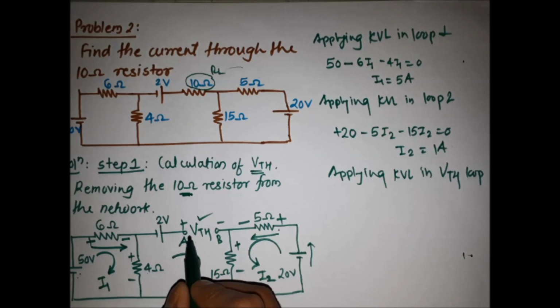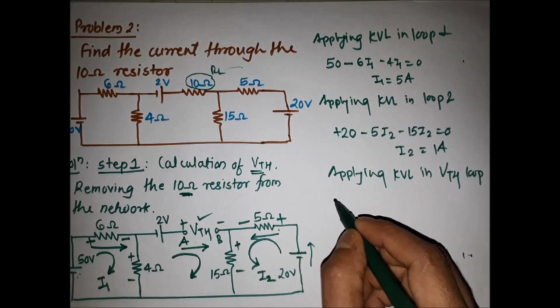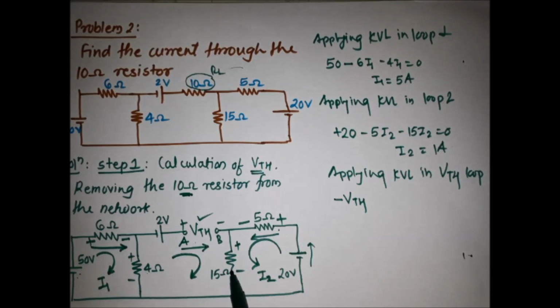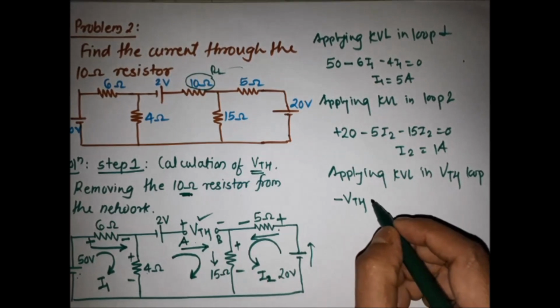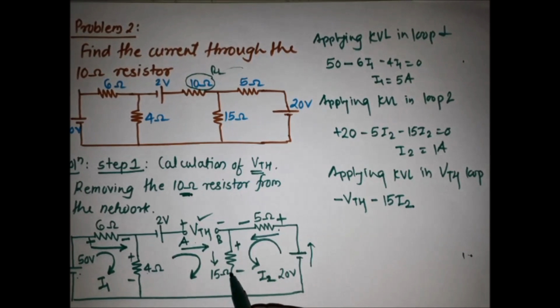Suppose we are starting from VTH, the direction is A to B, so it is plus to minus, so we consider it as minus VTH because it is a fall in potential. For the 15 ohm we are going clockwise, plus to minus, so minus 15 into I2, because the current flowing through the 15 ohm resistor is I2 only.